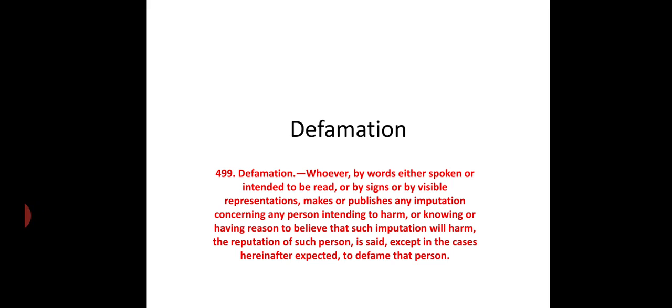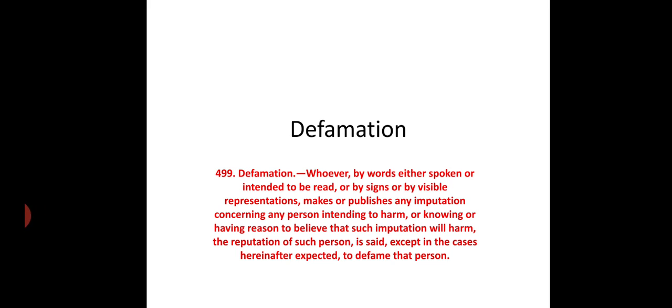Now, what is a defamatory article? In M.P. Narayana Pillai versus M.P. Chacko, it was held that where an article is published in many parts, some containing defamatory material and others not, the article as a whole must be read.